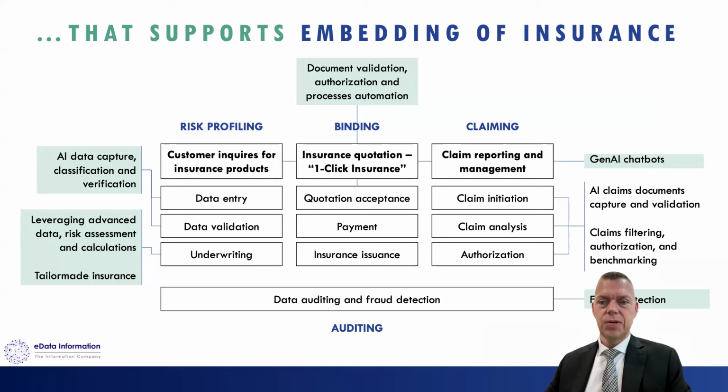The data capture, the decision management in underwriting, the chatbots for customer service, all of these things are value-added services. You will get an embedded insurance provider to make you the preferred provider over the other insurance companies. So I hope this gives you an overview that it's not that difficult to get started. It's not that difficult to get started, but you have to do it.